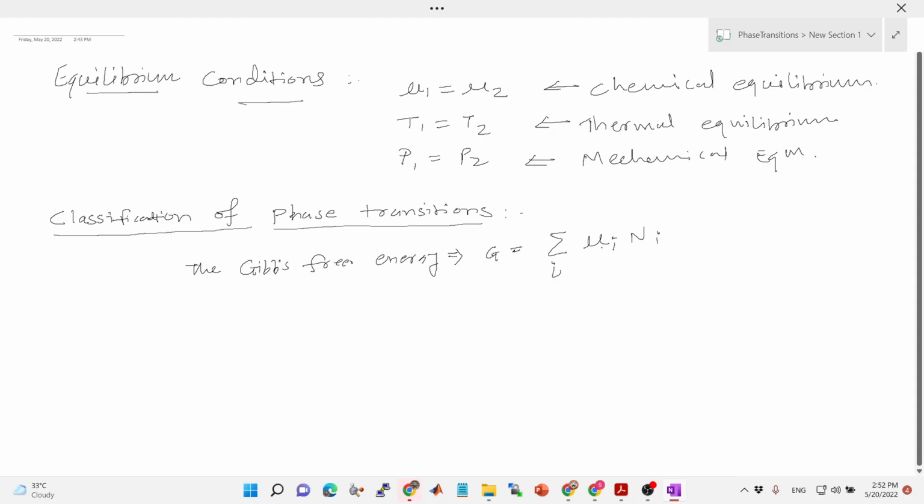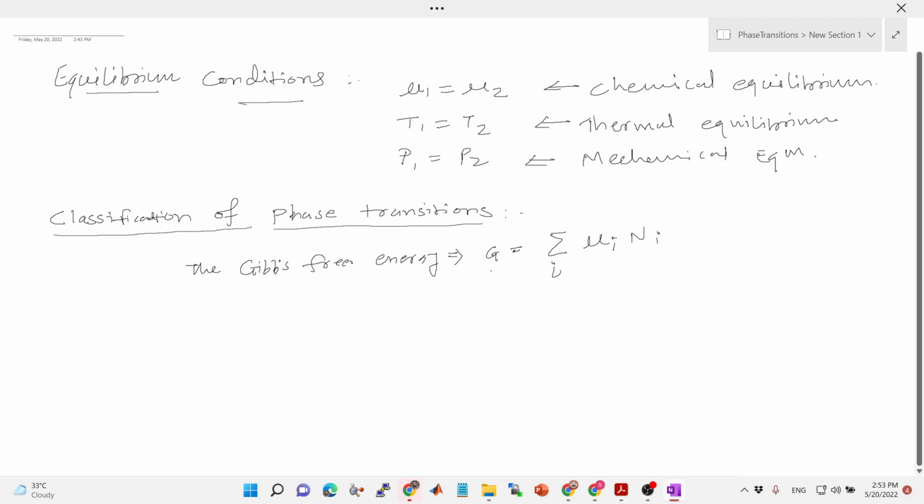The mu_i is the chemical potential of each phase, if you have multiple phases existing in your system. Let's say there are two phases, so there will be mu_1 and mu_2. Mu_1 will be the chemical potential for phase one, and mu_2 the chemical potential for phase two. And N_1 and N_2 will be the number of particles in phase one and phase two.